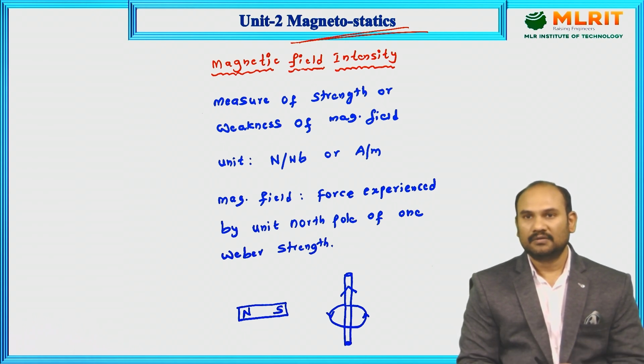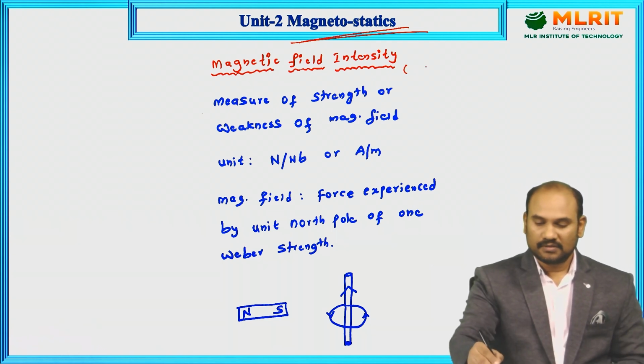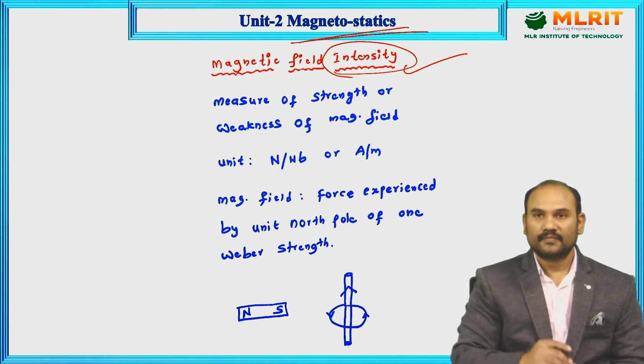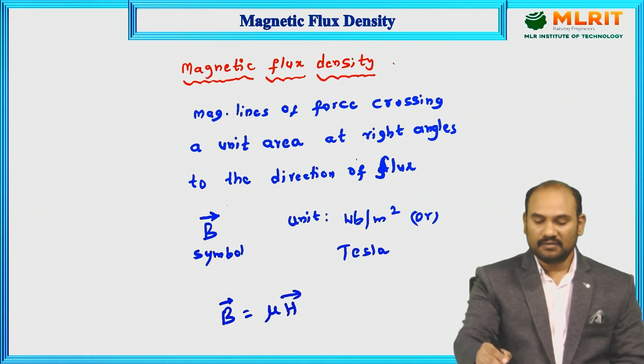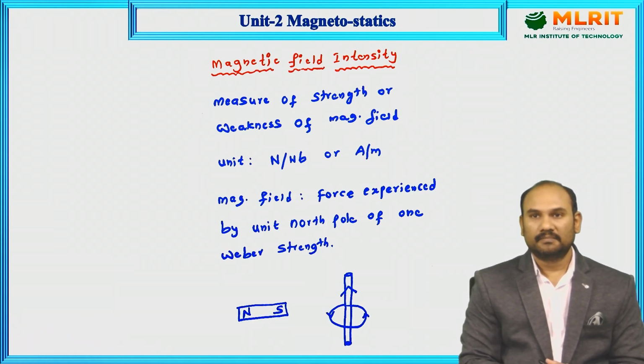Number 1, magnetic field. Number 2, magnetic flux density. So here are the two topics, starting with magnetic field. Of course, we are dealing with intensity, the magnetic field intensity, and the second one, magnetic flux density. Now, we will see first what is magnetic field intensity.